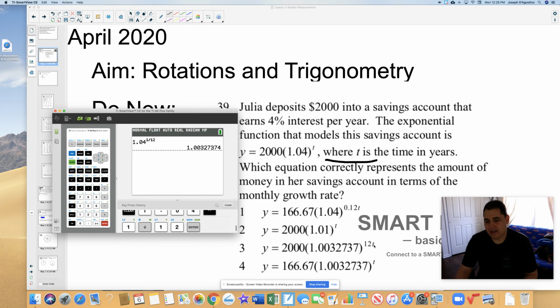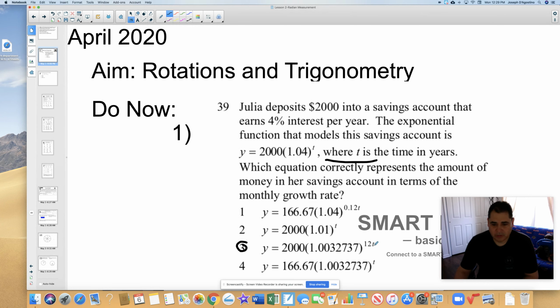So in my mind, every year is t. So if I want to put 2 in here, then that really means 24 months worth of interest at the monthly rate. So that makes sense. Now you never change the initial. I know in choice 4 and choice 1 they were changing the initial investment. That never changes. That stays the same. So the answer is choice 3.